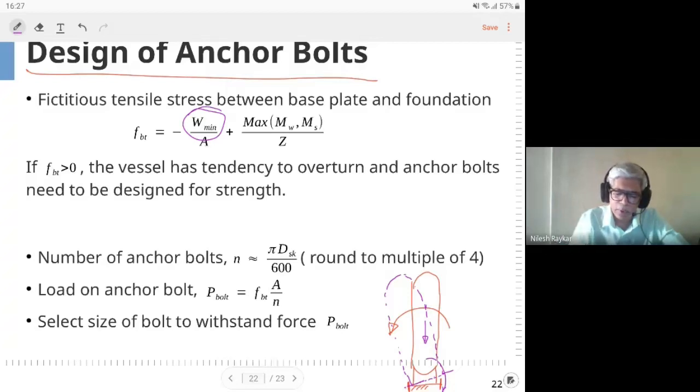So that is the point. The number of bolts is obtained by an empirical formula, and then stress per bolt and then size of bolt is calculated. We had a detailed calculation, which I'm not covering here, but this is the overall method of doing the calculations.